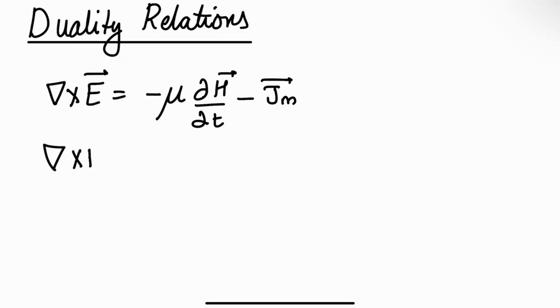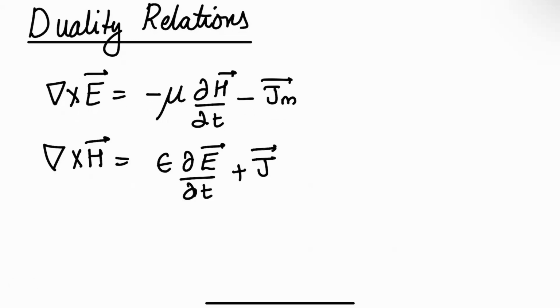Right? So then we have curl of H is epsilon dE/dt plus J. And then we have divergence of H is rho_m over mu.